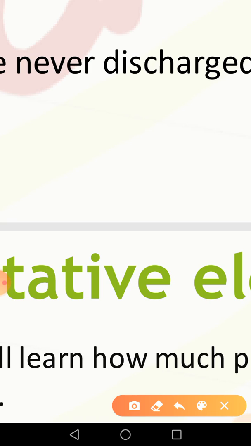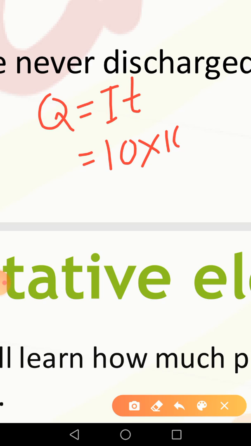Okay, let's see. So first find the charge. Q equals IT. So I is 10, T is 100. So charge is 1000 coulomb. Okay, that's all right. Now find the number of moles of electrons.